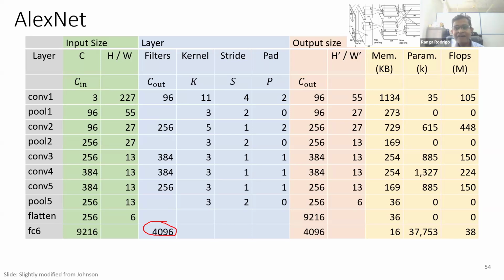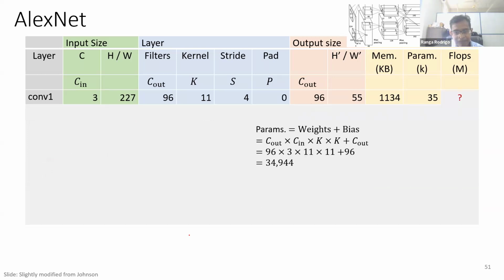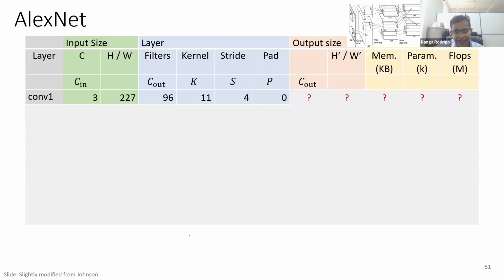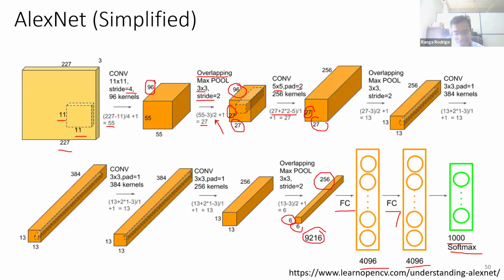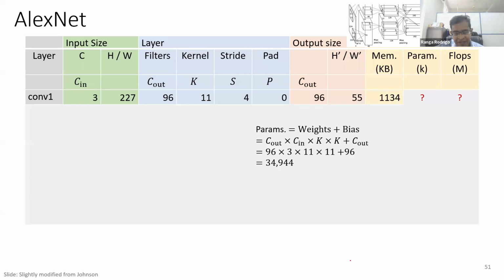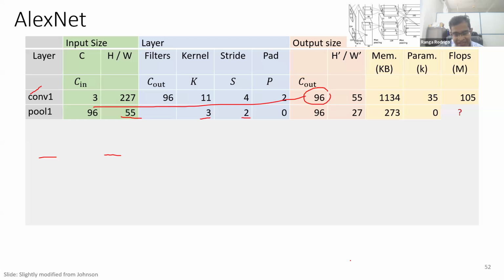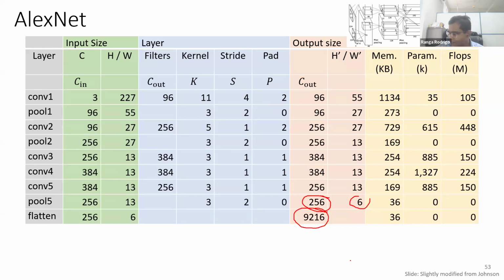I'll show you that diagram. In this diagram, you can see 9,216 to 4096. Because of that, you can compute the number of parameters that are required and so on.